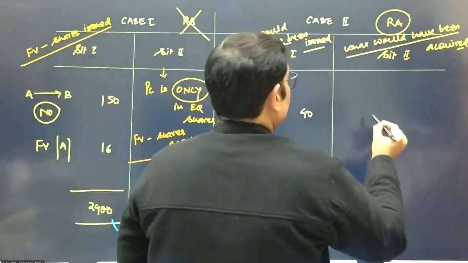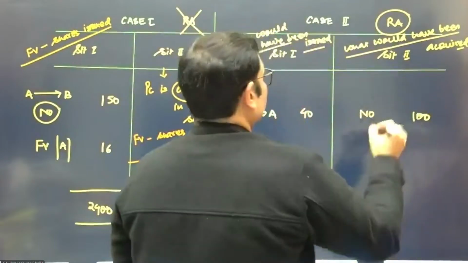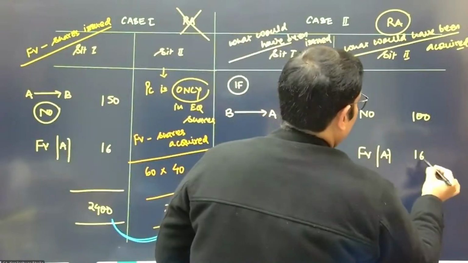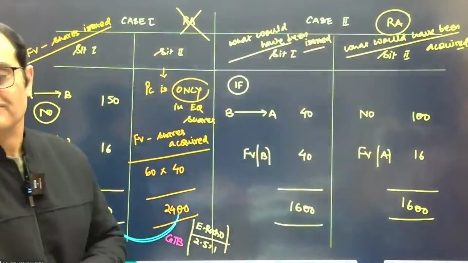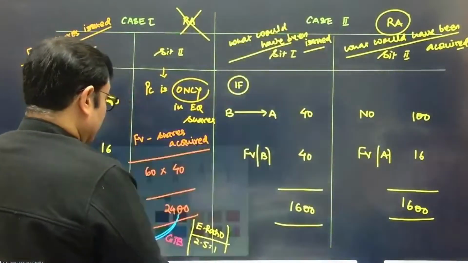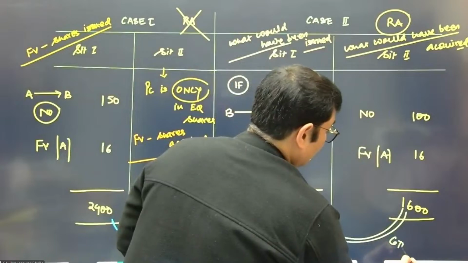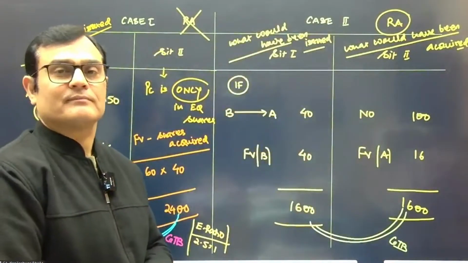So he would have got a control over 100 shares of A, and the fair value of shares of A is at the rate of 16. This also works out at 1600. And of course, we've already seen that this is not by chance, but it has got to be so for the reason that the exchange ratio is 2.5:1.